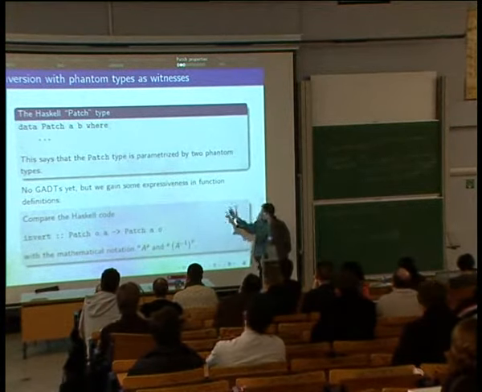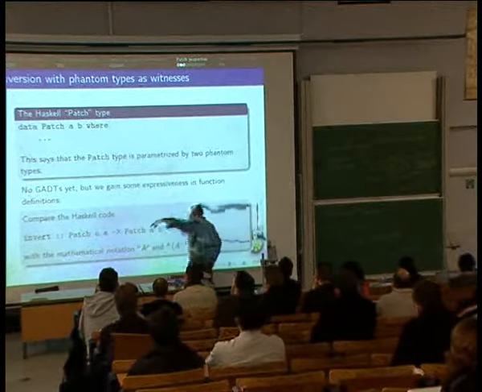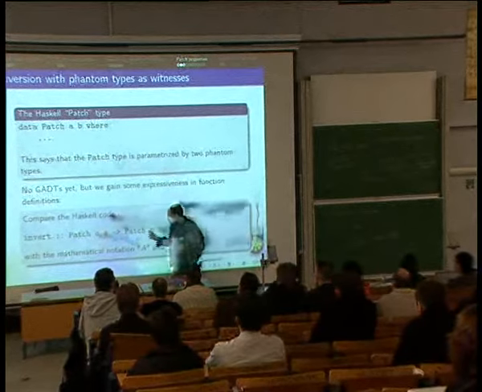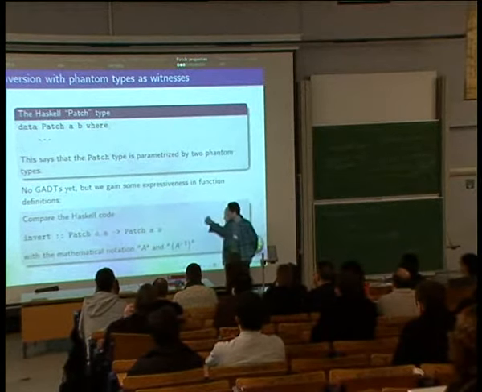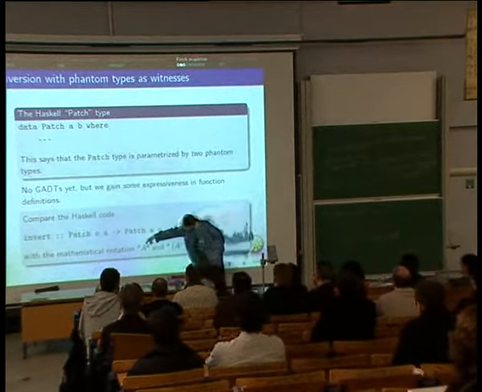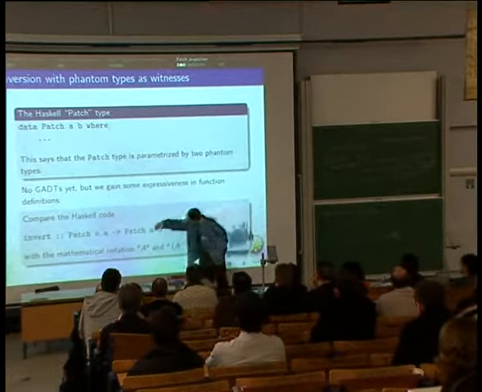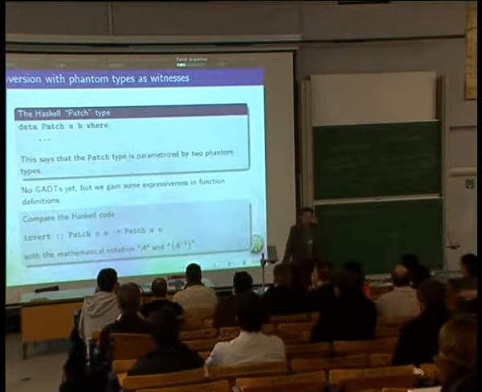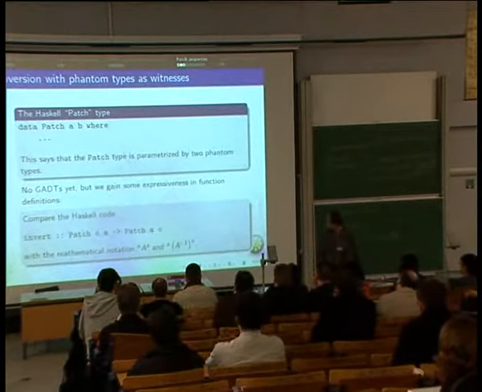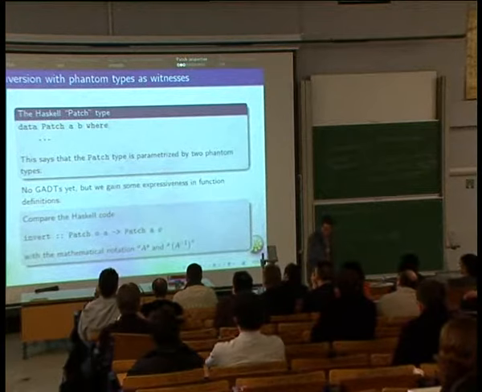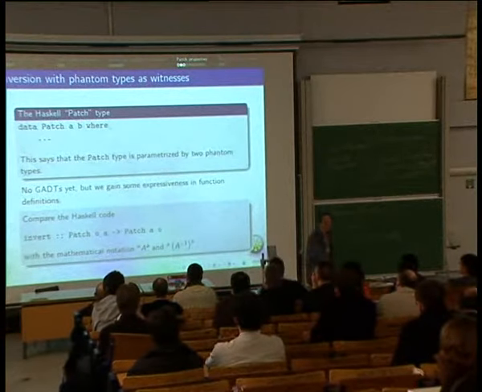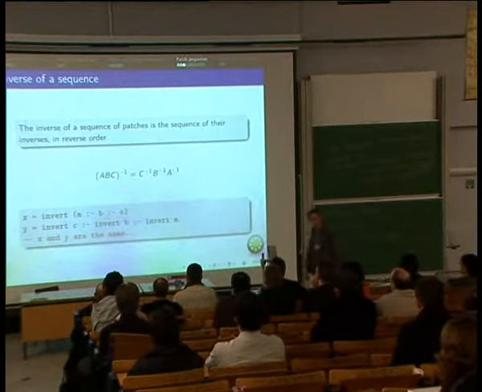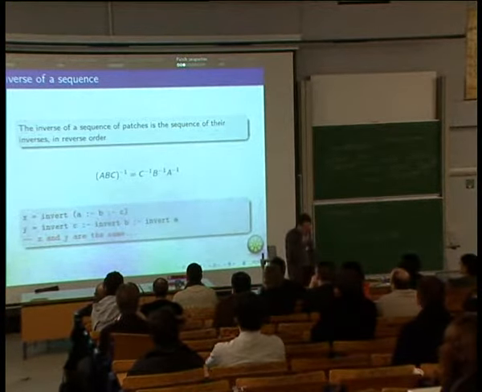And so the function invert has the type Patch O A becomes Patch A O. And this is represented in the mathematical picture. Your original patch was going from O to A, but when you invert it, it goes from A to O. So this is the simple picture of how our code becomes more descriptive when we have these phantom types hanging around.